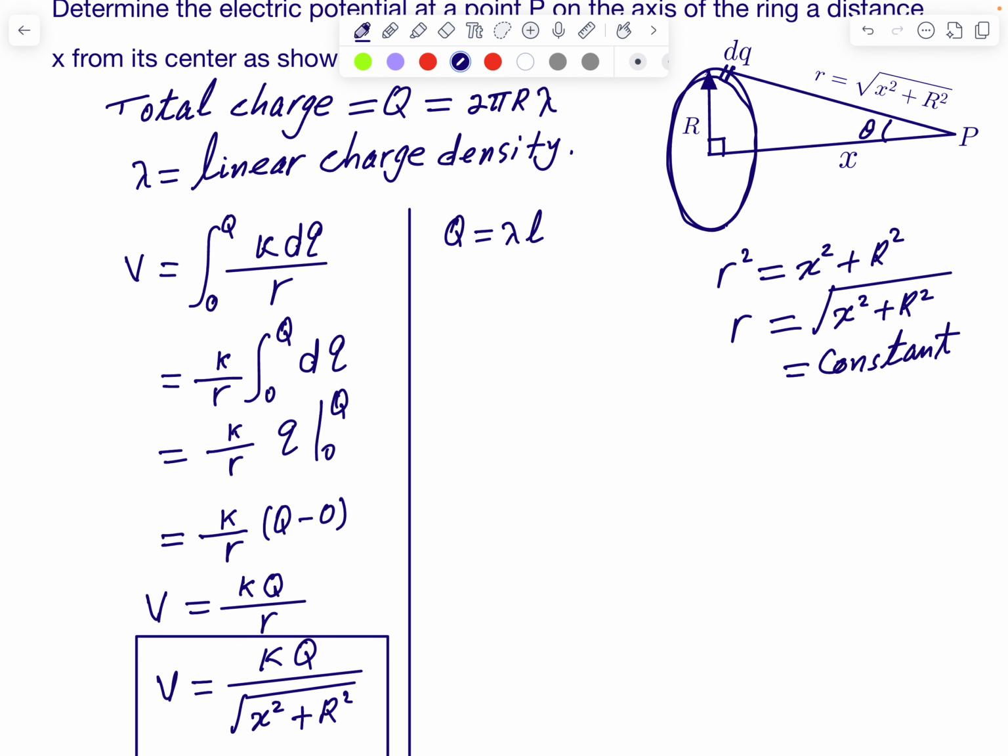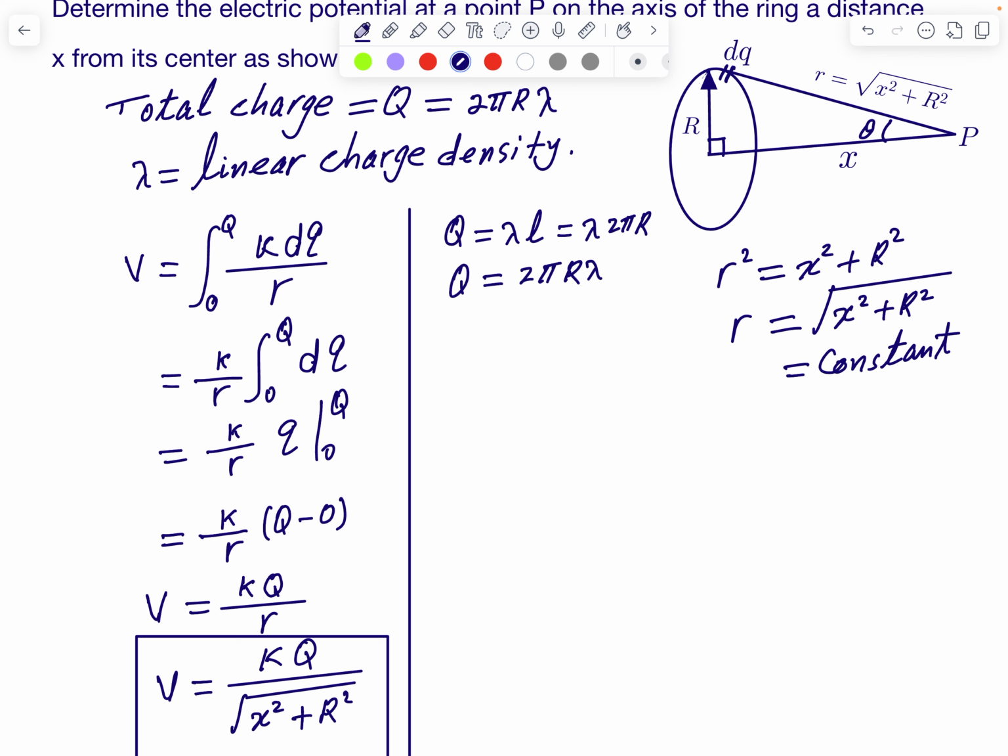It is the circumference of the ring, which is 2 pi big R. Lambda times L, which is 2 pi R. Therefore, Q is going to equal 2 pi R lambda. This is our Q, which is the total charge.